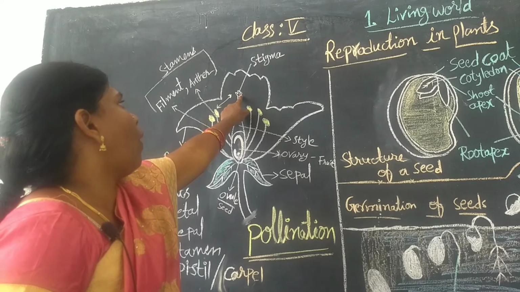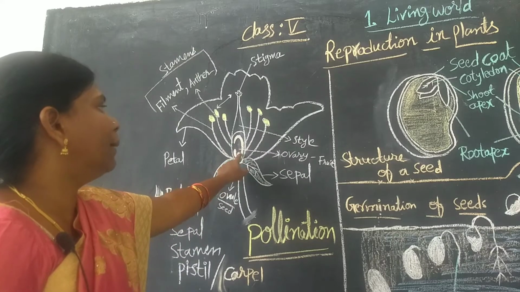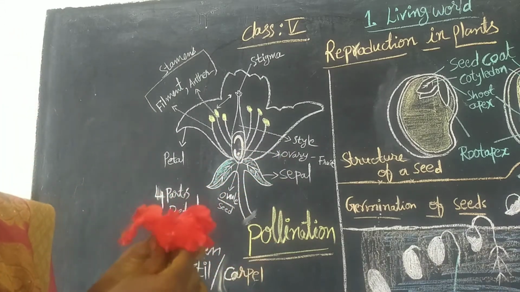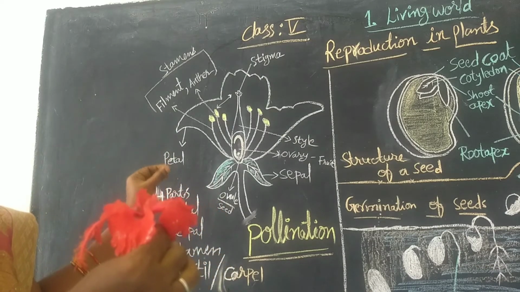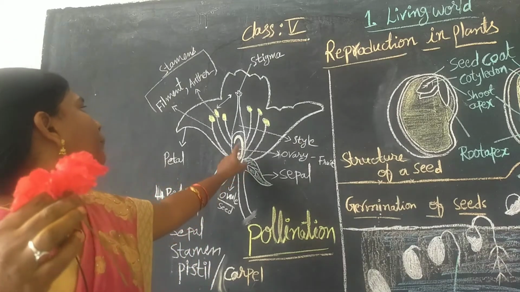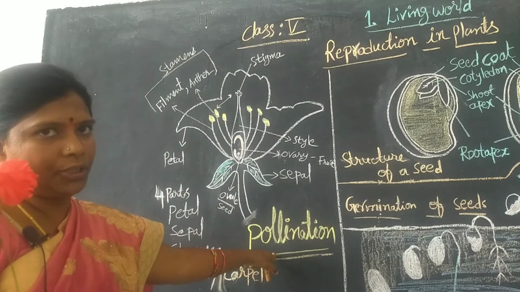The anther, filament, stigma, ovary and style are the important parts for pollination.